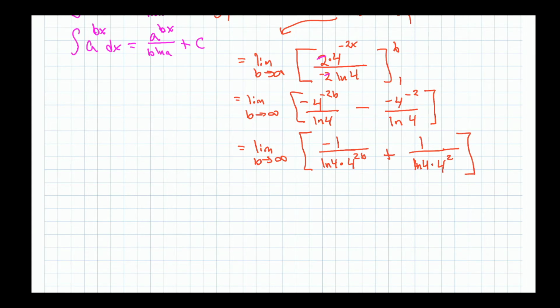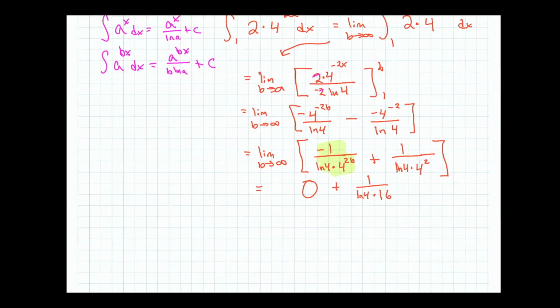All right, now let b go to infinity. When b goes to infinity, this is going to go to 0, right? Because you're dividing by infinity. 4 to the infinity is infinity. So this is going to be 0. And this one is just whatever it is, ln 4 times 16. So 16 ln 4.